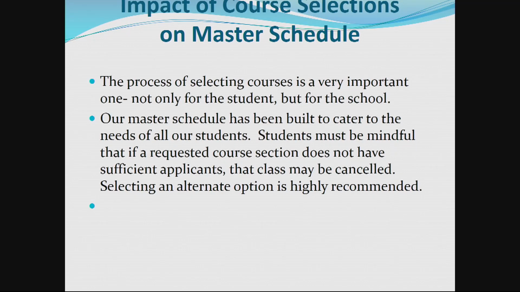The process of selecting courses is a very important one, not only for the student, but for the school. Our master schedule has been built to cater to the needs of all our students. Students must be mindful that if a requested course section does not have sufficient applicants, that class may be canceled. Selecting an alternate option is highly recommended.